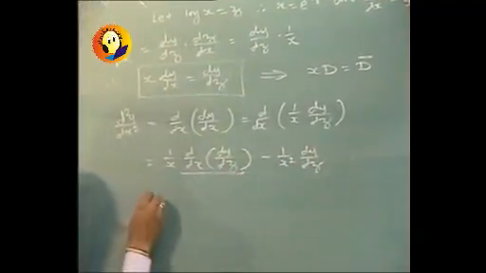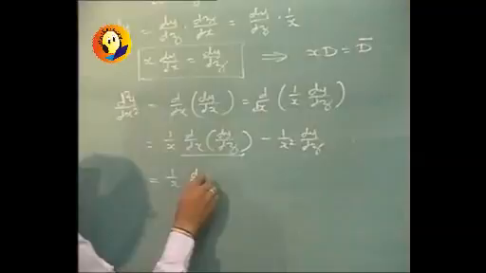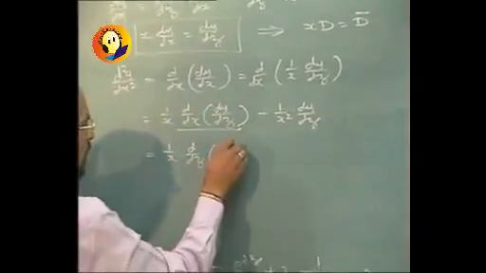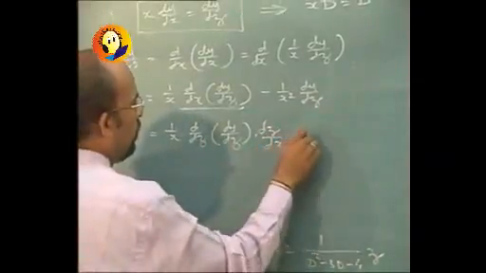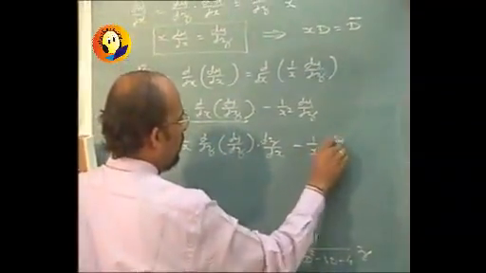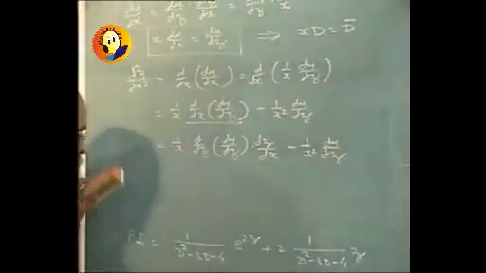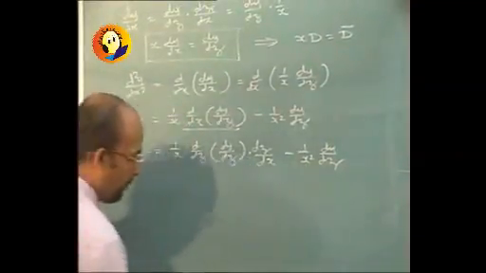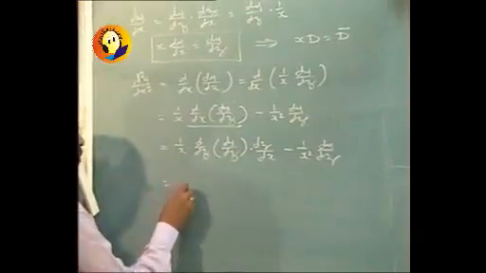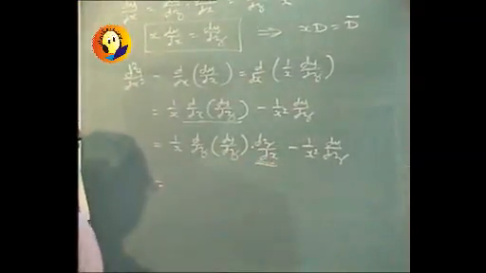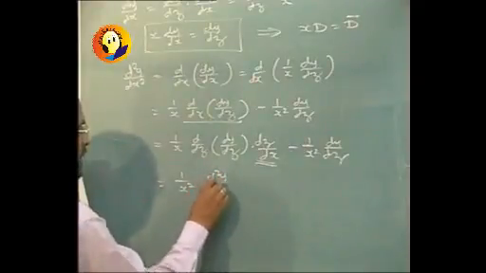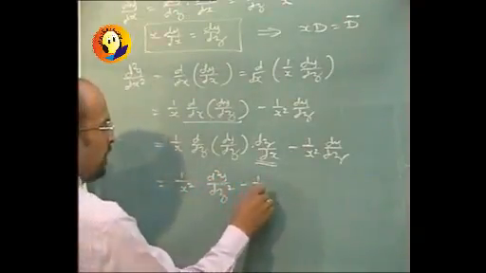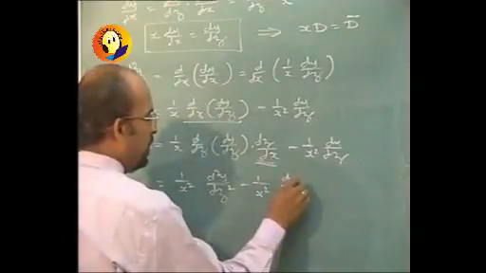Using chain rule over here, it will be 1 upon x d by dz of dy by dz into dz by dx minus 1 upon x square dy by dz. So this dz by dx is 1 upon x, so it is again 1 upon x square d2y by dz square minus 1 upon x square dy by dz.